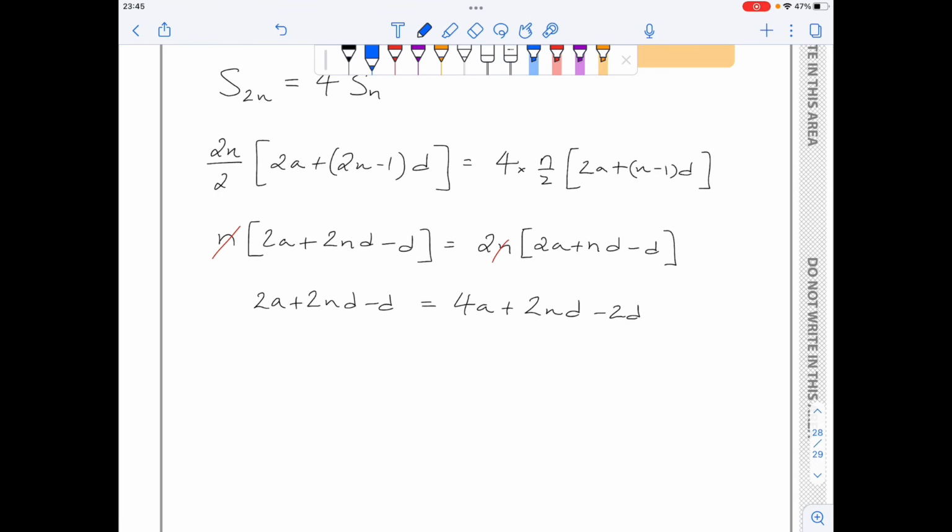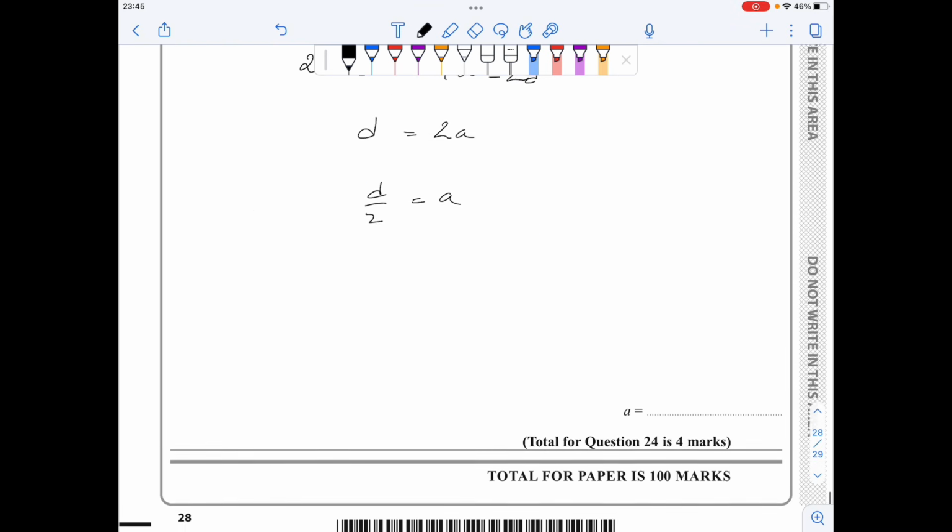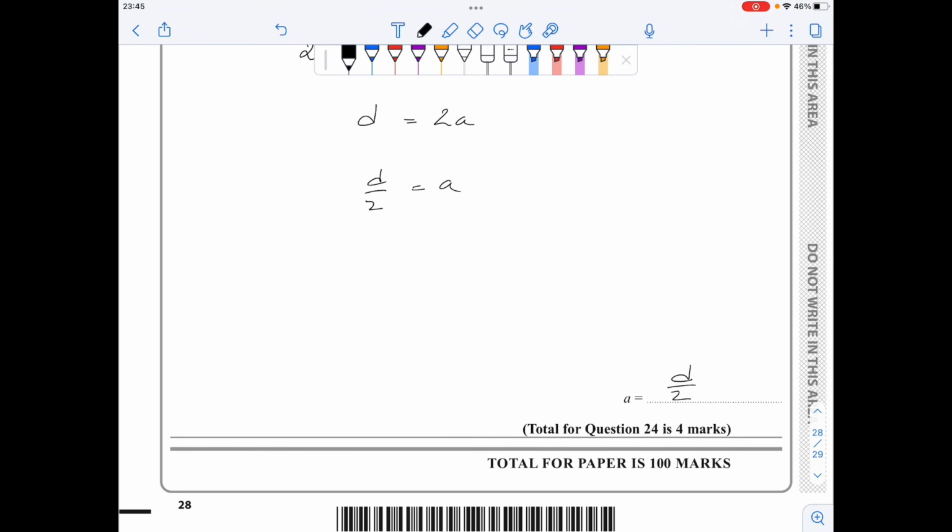Again, now I can cancel out the 2nd on each side, so I'm left with 2a minus d equals 4a minus 2d. Let's collect the d's on the left, so d equals 2a, hence a is equal to d over 2, and this is my final answer.